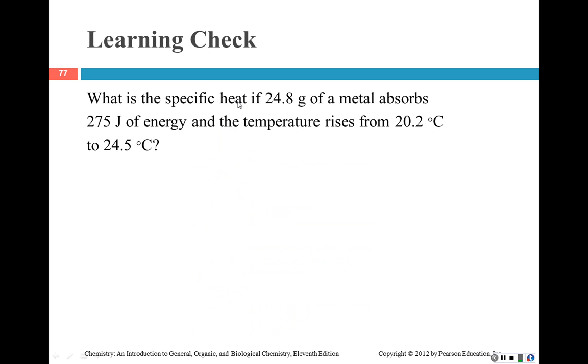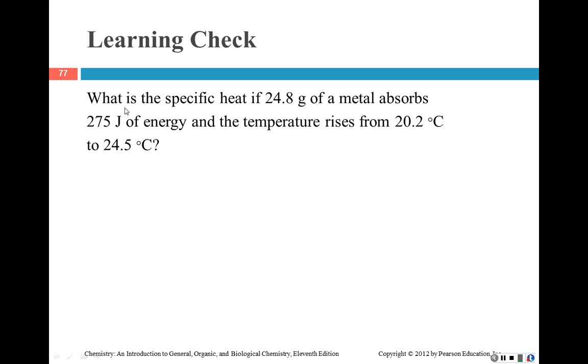So what is the specific heat of 24.8 grams of a metal that absorbs 275 joules of energy, and the temperature rises from 20.2 degrees C to 24.5 degrees C? Now, what are the units of specific heat?